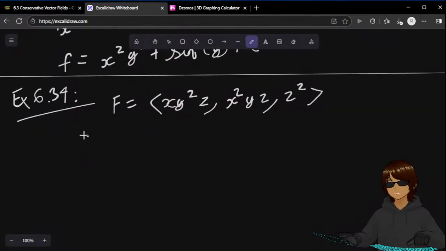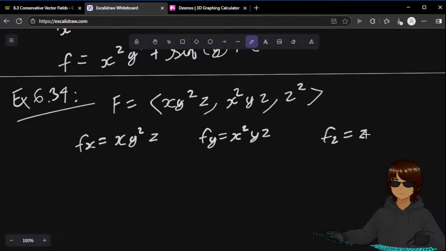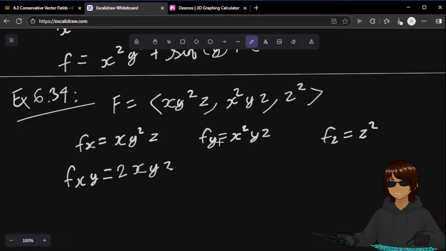So let's say f exists. The partial derivative with respect to x would be this, with respect to y would be this, then with respect to z would be this. But then if we take this and differentiate it again with respect to y, we get xyz. Then do this with respect to x. Sorry. We get xyz.